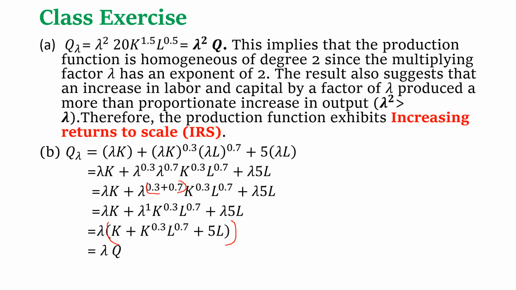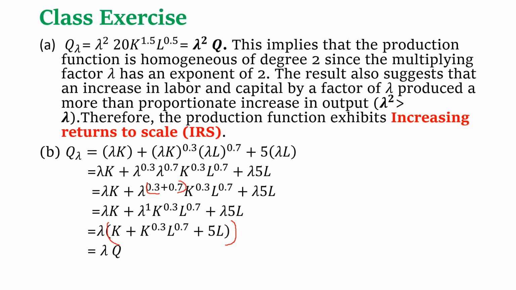So in this case, because it's increased by lambda, and lambda is the same as lambda to the 1, the degree of homogeneity here is 1. This production function is homogeneous of degree 1. In other words, it exhibits constant returns to scale.